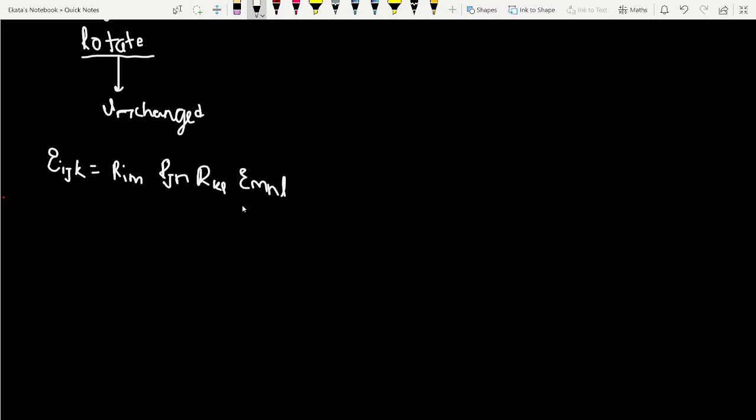Now we are going to see something. Suppose that I put the value of i equals 1, j equals 2, and k equals 3.